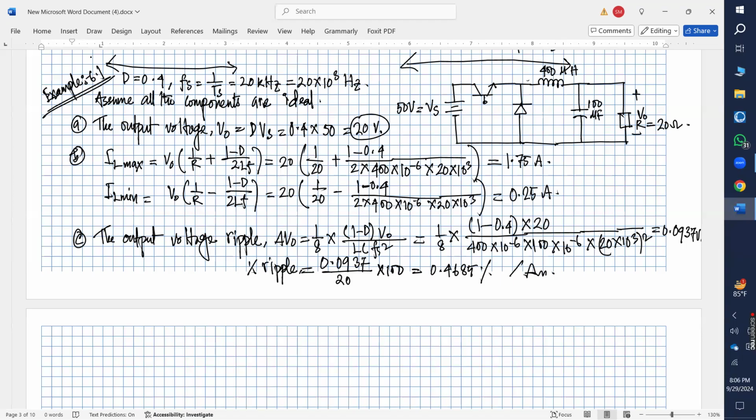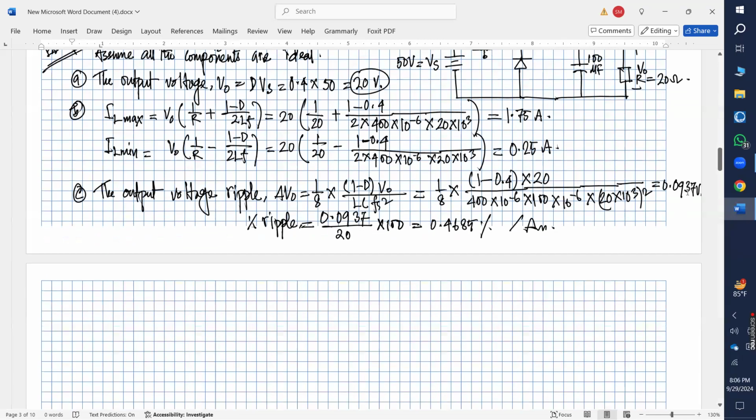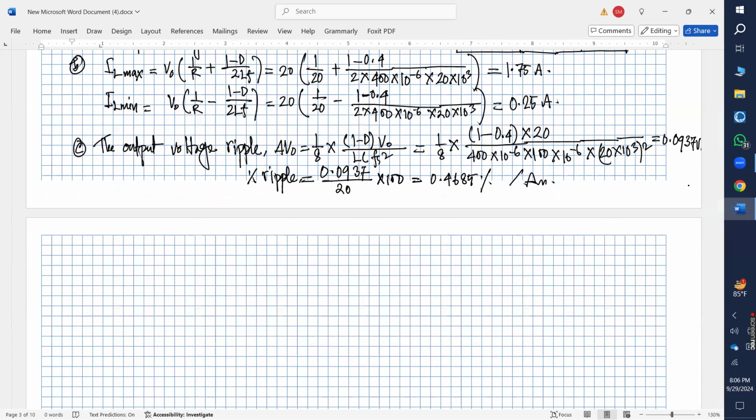Now everything in the buck converter, we are considering to be an ideal case. But the ripple that will appear across the load will come from the capacitor. So if you consider a realistic capacitor, instead of a purely ideal capacitor, it should have some resistance associated with it, right?